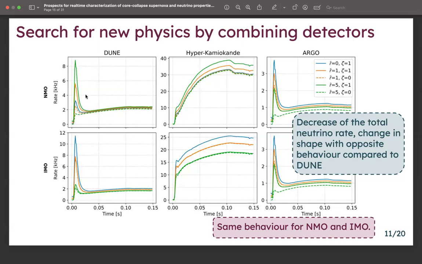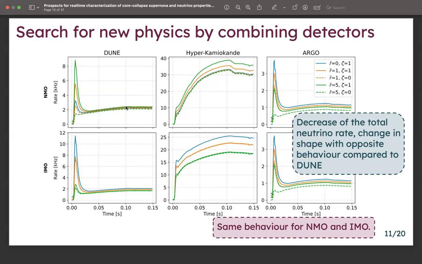With only DUNE, we would have no way to disentangle this. But if you go to ARGO, you can see that the peak for a standard model should be 1.5 times higher than the peak corresponding to this dashed orange scenario. So this would help us see, okay, something is going on here.